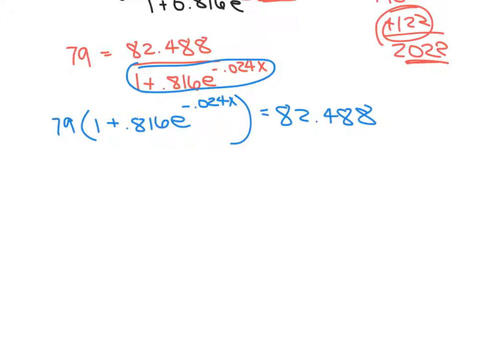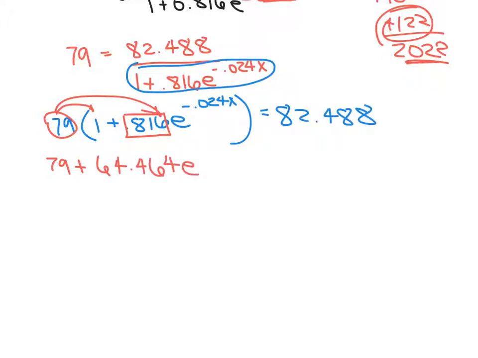Now the next step is to distribute. So I'm just multiplying 79 times this here. And the e to this power is going to stay the same. Okay. Now, let's subtract this from both sides.